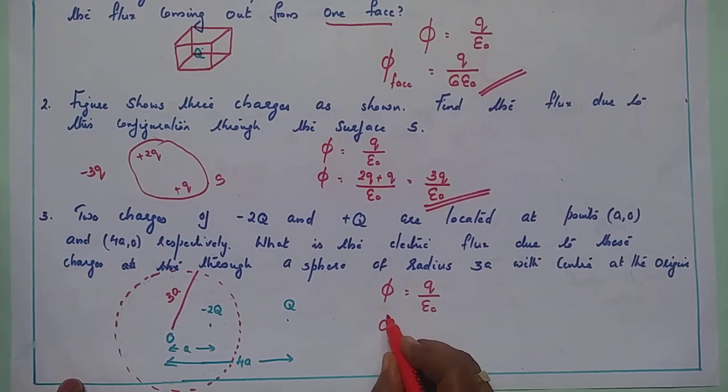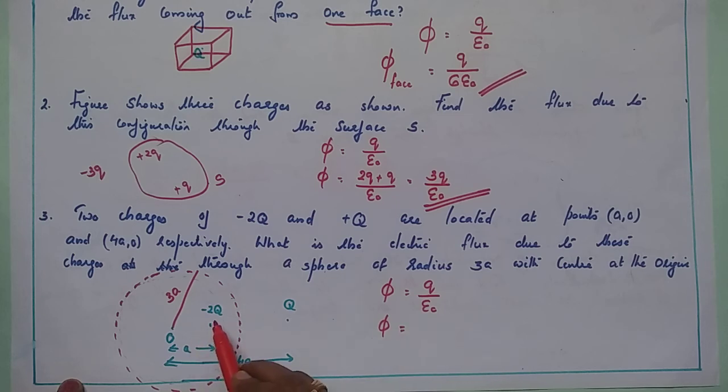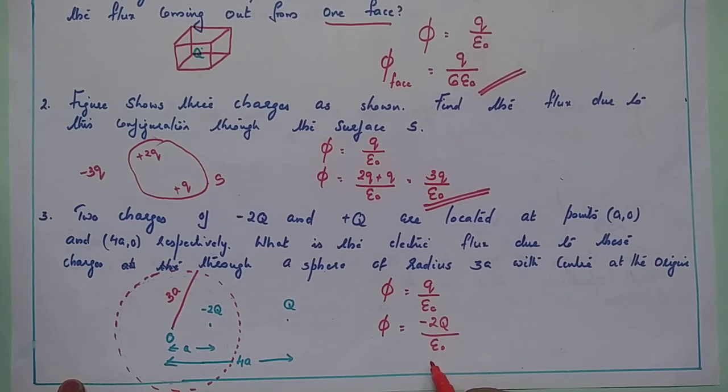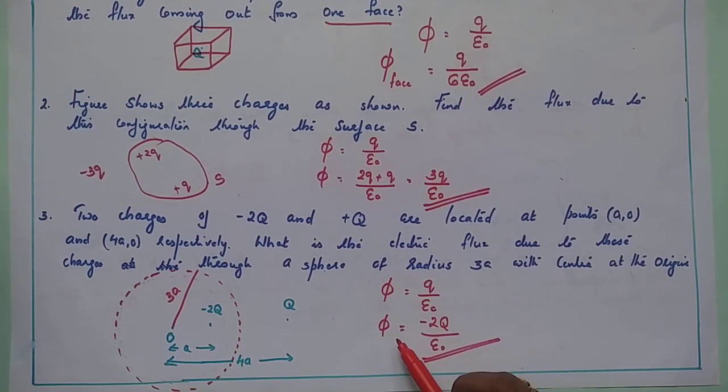Here the flux enclosed by the sphere of radius 3A is only due to the minus 2Q charge, so it is minus 2Q by epsilon 0. This is the answer, because Q charge is outside the sphere. So minus 2Q is the only charge enclosed by the sphere, and hence the flux enclosed by the sphere is equal to minus 2Q divided by epsilon 0.